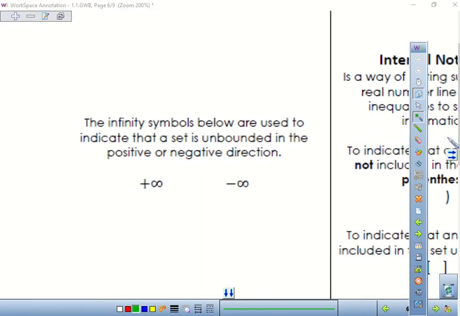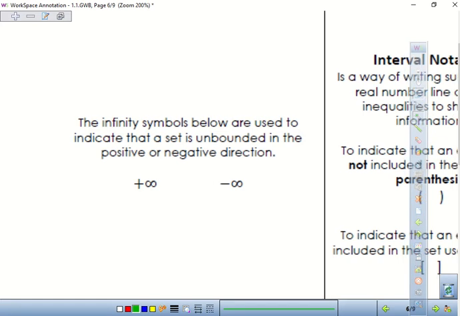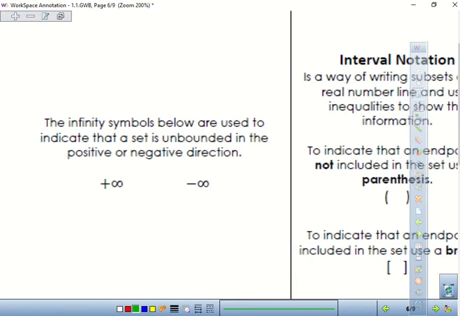Now, sometimes when we want to classify the domain and range of different functions, we are going to use different symbols. We have an infinity and a negative infinity symbol, positive and negative. This tells us that a function is going on for an extended amount of time in one direction forever. Okay, we can't classify an end, so we say it's infinite. This right here, infinity, corresponds with up and right.